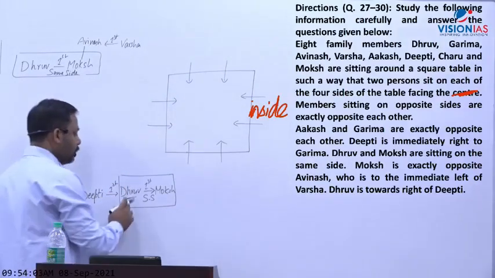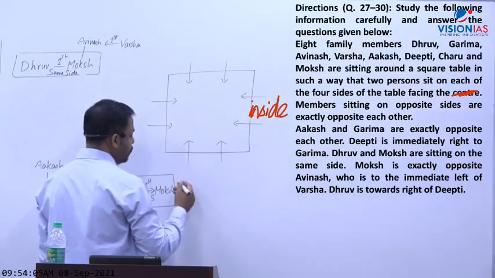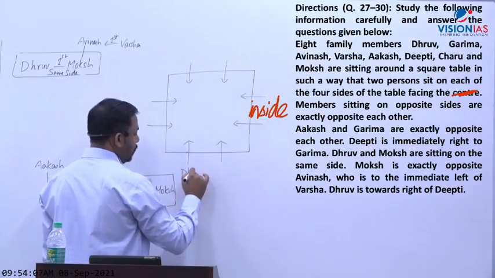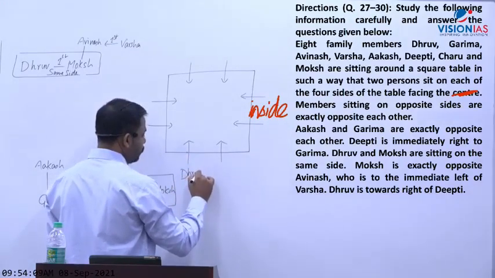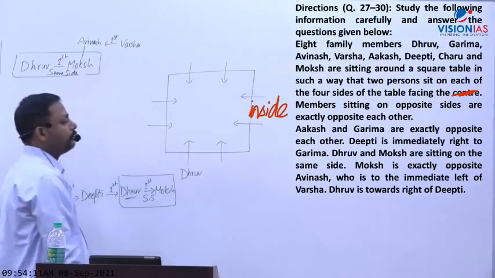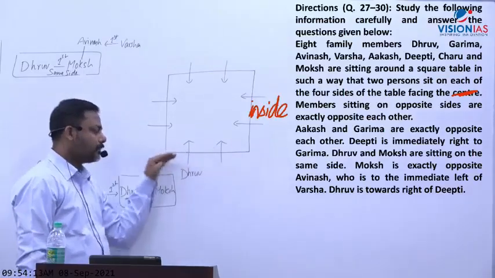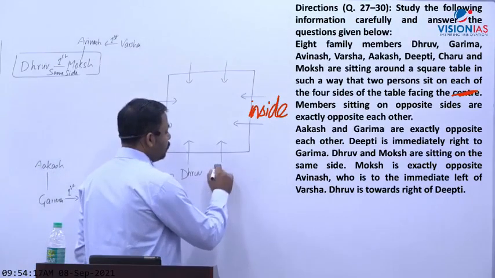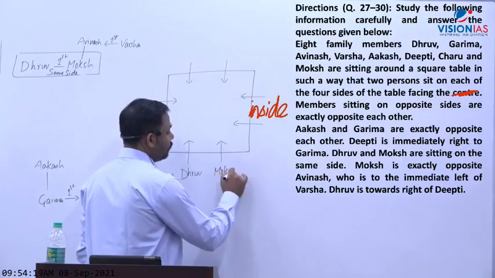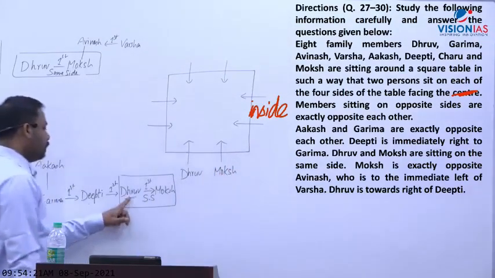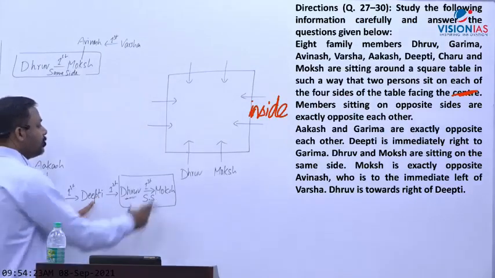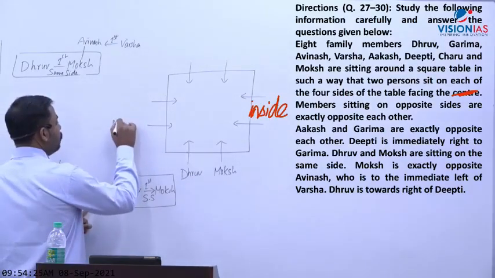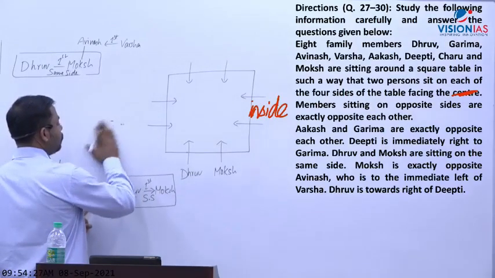So we will start putting Dhruv and Moksh at these two positions. On one particular edge, Dhruv and Moksh is there, and Dhruv is on the left hand side and Moksh is towards right hand side. As we know, on the left hand side of Dhruv, Deepti is there.